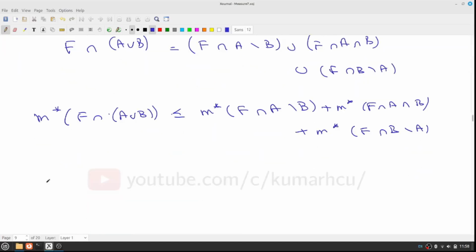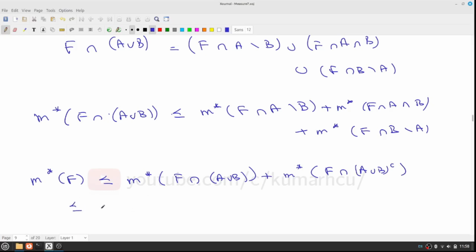Therefore, what I have is m star of F is less than or equal to m star of F intersection A union B plus m star of F intersection A union B complement.